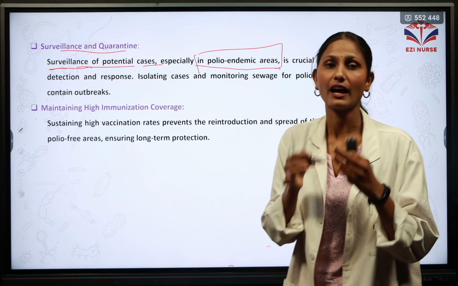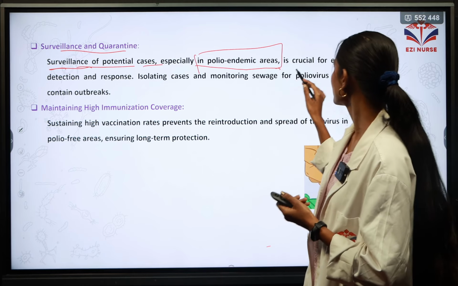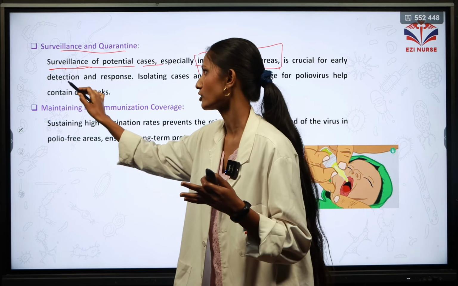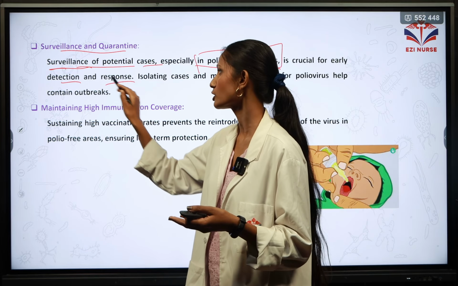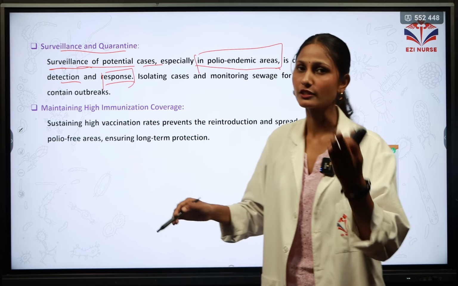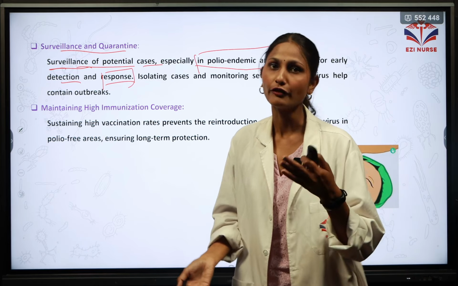It is crucial for early detection and response, so it helps us detect early and give the response and treatment according to the situation and the spread of infection.